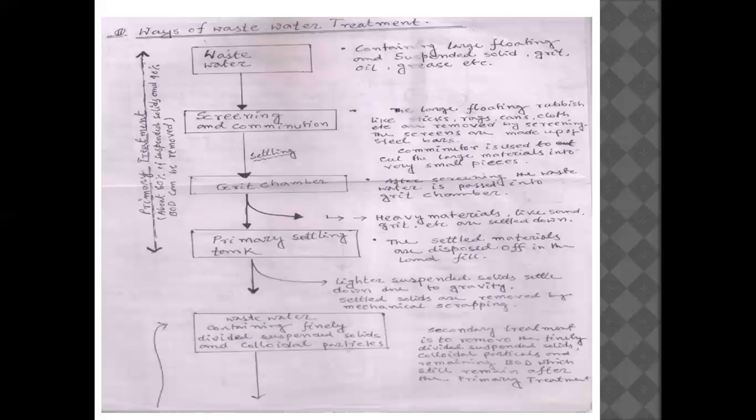The effluent is stored in the grit chamber. In the grit chamber, heavy materials like sand, clay, grit, etc. settle down and can be disposed of in a landfill. And then the effluent is stored in the primary settling tank. So up to this, the primary treatment is done.